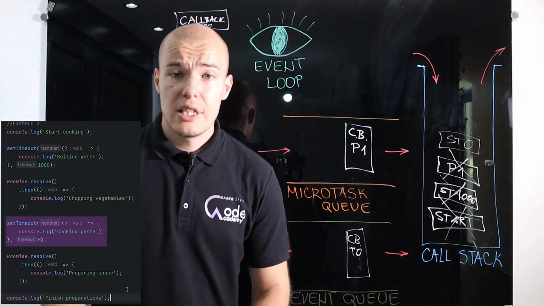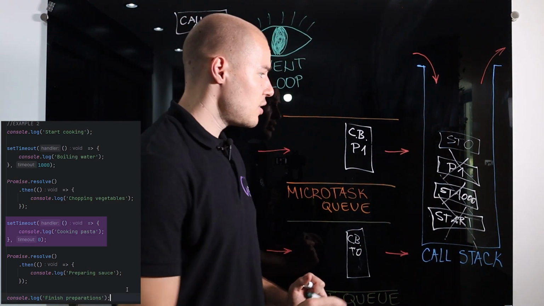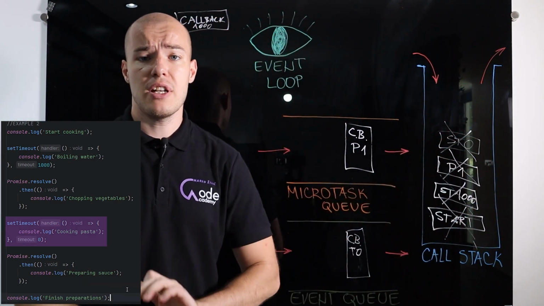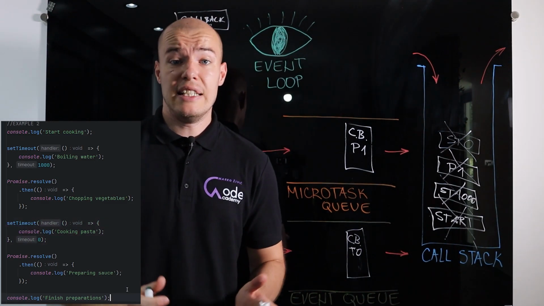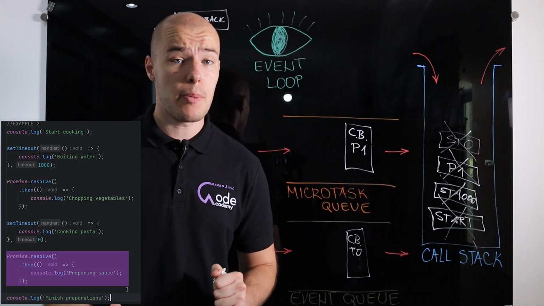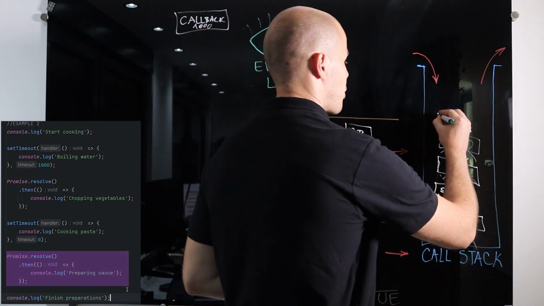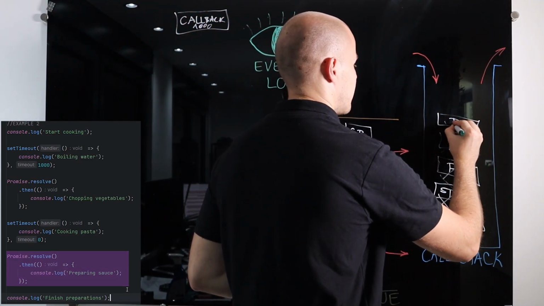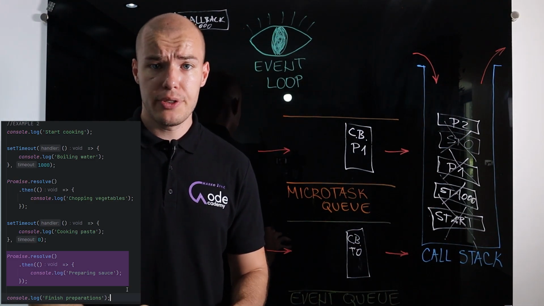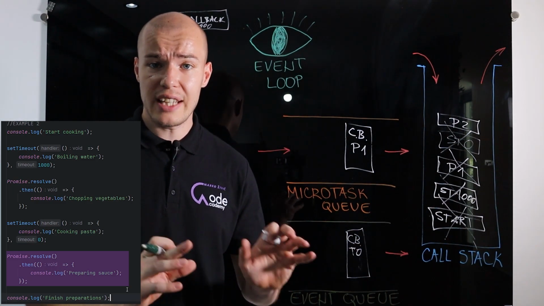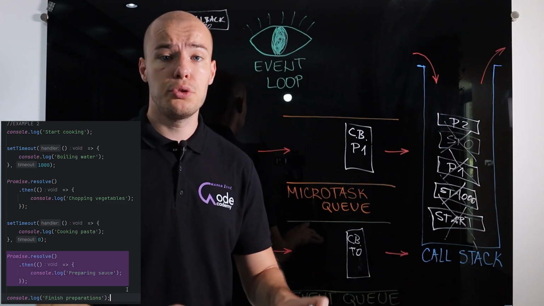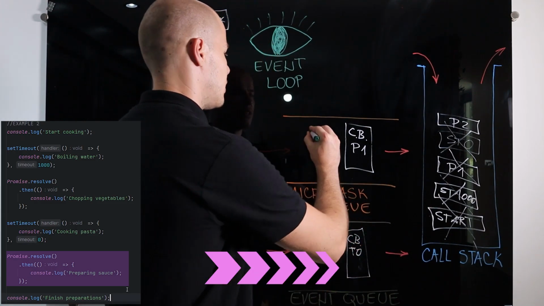Okay, so now that that has executed, we can cross this out because everything that needed to happen there has already happened. So that means that right now we are going to be executing our second promise of the day. And we're going to push it onto the call stack, P2. And now, because it is already resolved, its callback from the then statement is going to be immediately pushed onto the Microtask queue.